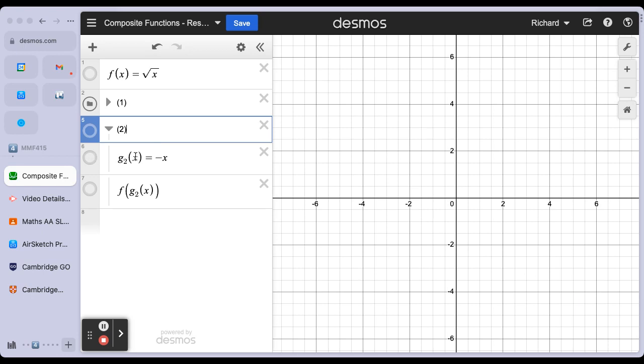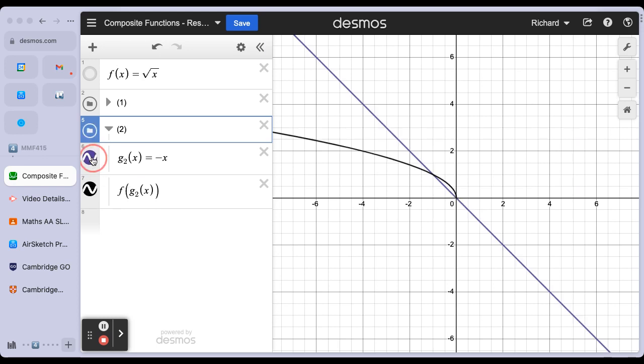then g2 of x, I'm just calling it g2 just for Desmos, it's g of x, looks like that. But these values here will not work for f of x, which is root x.